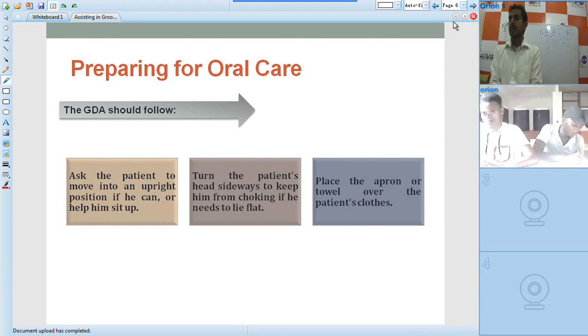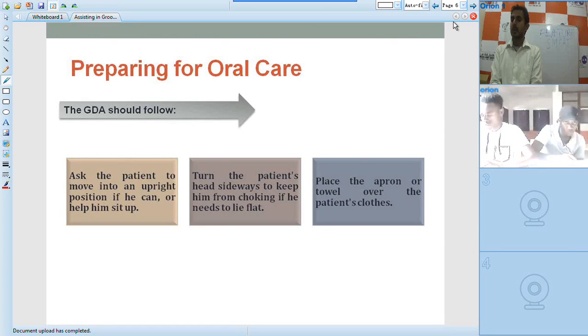If the patient is able to move into an upright position, then you need to help them into the sit-up position. Turn the patient's head sideways to prevent choking while giving the procedure.